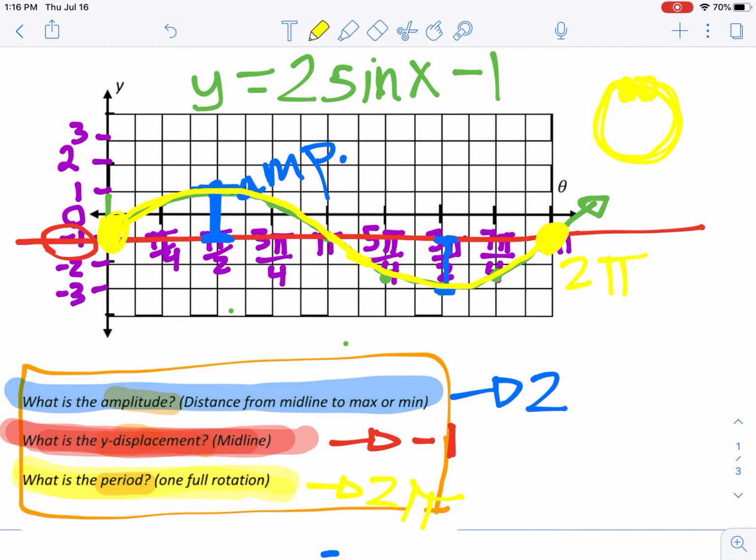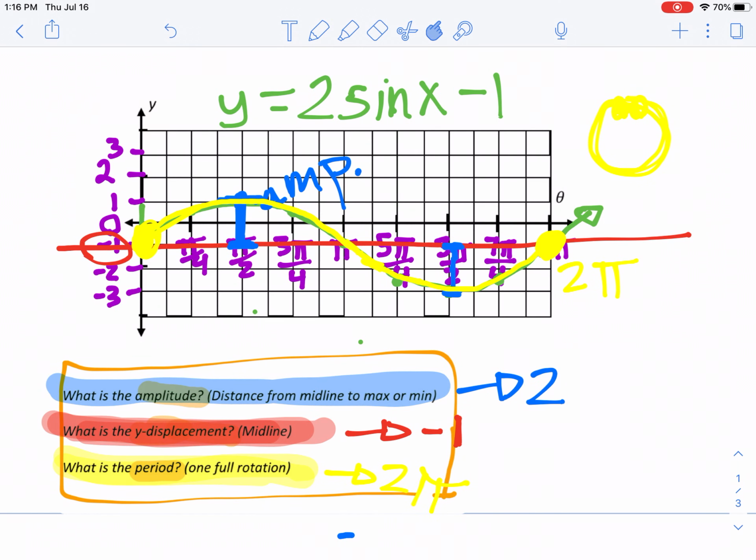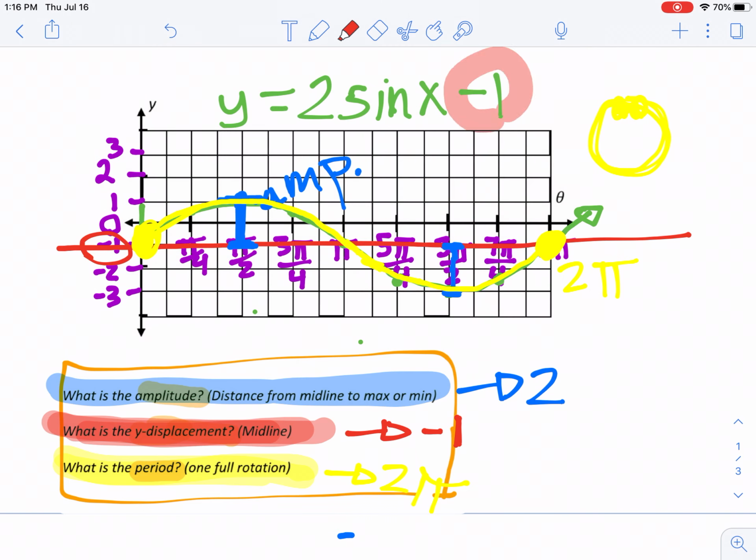Okay? Now, I want to bring your attention back to our y displacement, that midline, they mean the same thing, and our amplitude, because those values are actually hidden, well, not super hidden, in our equation. Since we did the y displacement, the midline, first, and remember we found that to be -1, it's no coincidence that in our equation, right there, we have a -1.